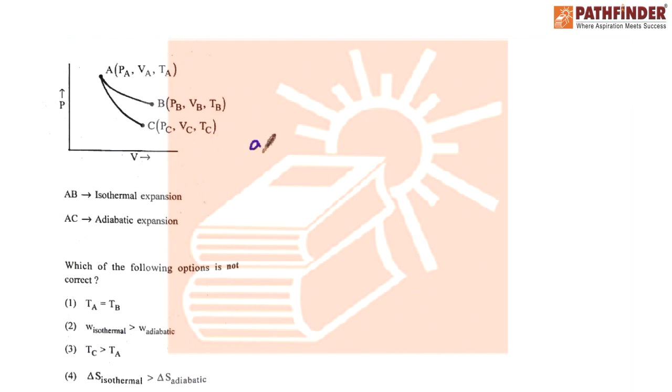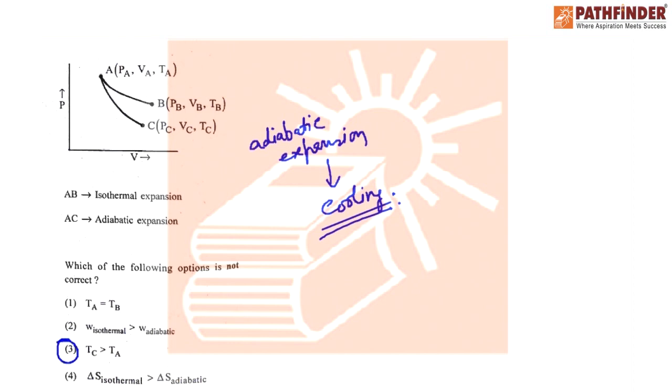In case of adiabatic expansion, it actually results in cooling, so obviously the temperature will be less. But see option number 3 carefully. It is mentioned that TC is greater than TA. Is it correct? It can't be correct. TC will be less than TA. So this option is not correct. Option number 3 will be your answer.